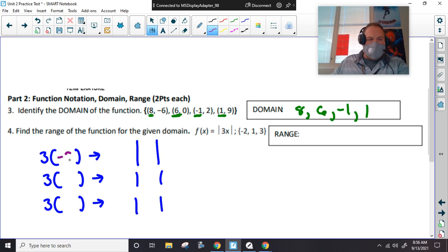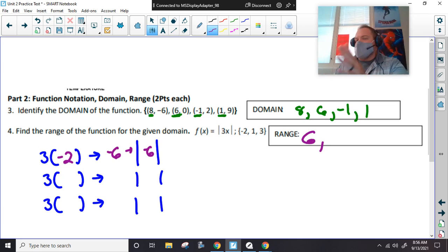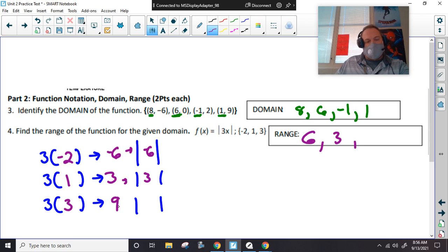All right, so if I plug in -2 for x, I get 3 times 2, which is -6. But what's the absolute value of -6? Yeah, absolute value makes everything positive, not makes negative positive and positive negative. No, it makes everything positive. Like 3 times 1 is 3. The absolute value of 3 is 3. 3 times 3 is 9. Absolute value of 9 is 9.